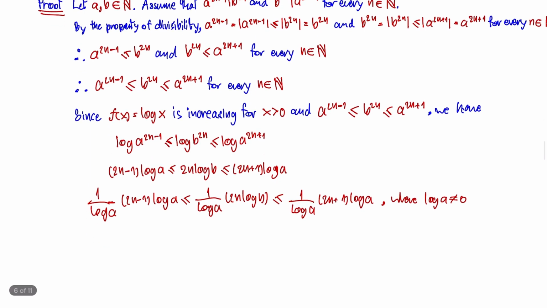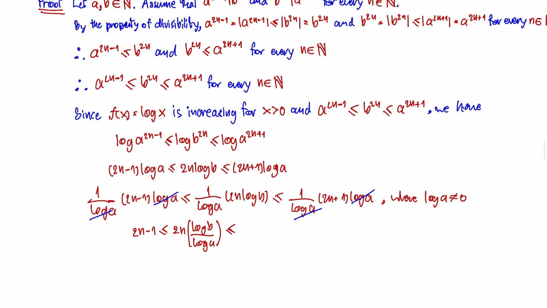Okay, so this log will be cancelled and this log will be cancelled. So it turns out to be 2n minus 1 less than or equal to 2n log b over log a, and less than or equal to 2n plus 1.